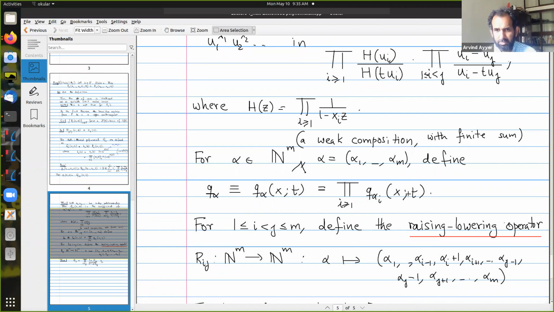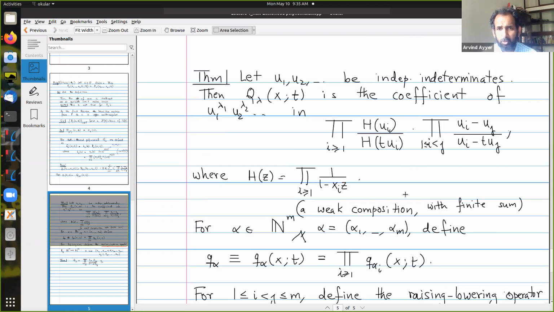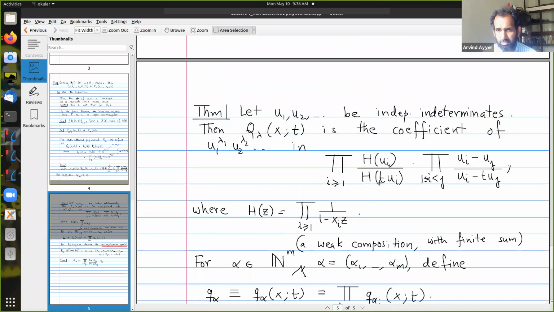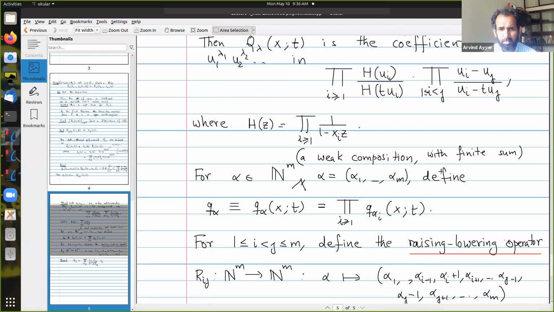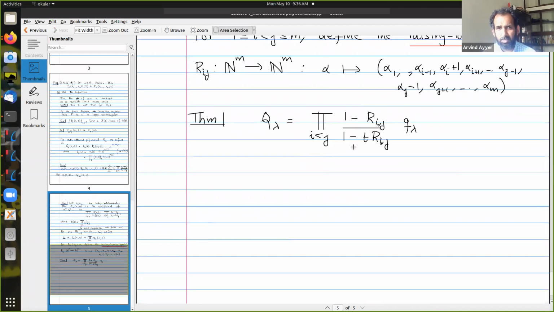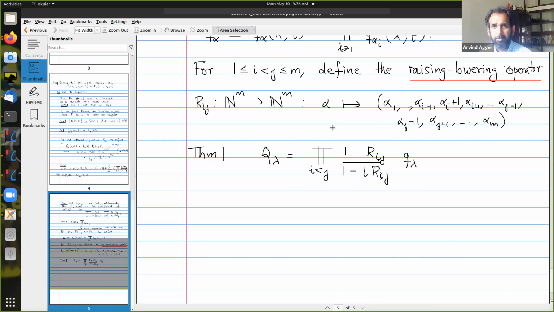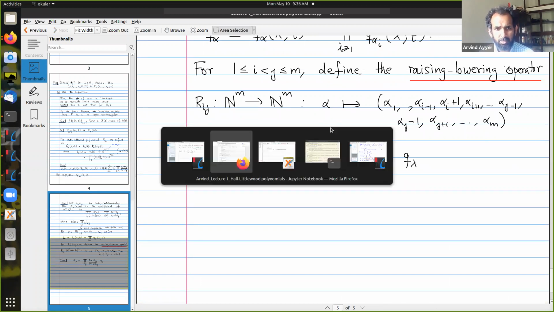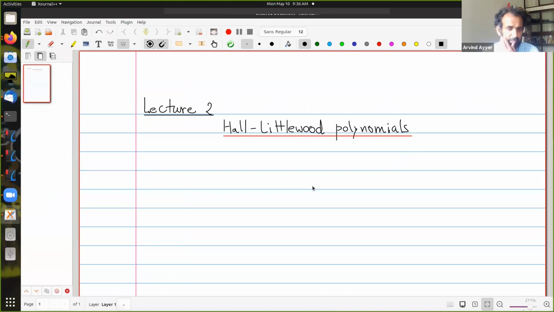These will come up in a second. And we gave two formulas for Q lambdas, one as a generating function and one in terms of raising and lowering operators. Okay, so that's a quick summary of what happened in the last lecture, sorry. I'm still in teaching mode.